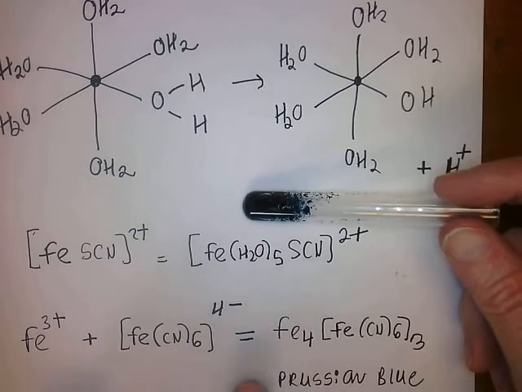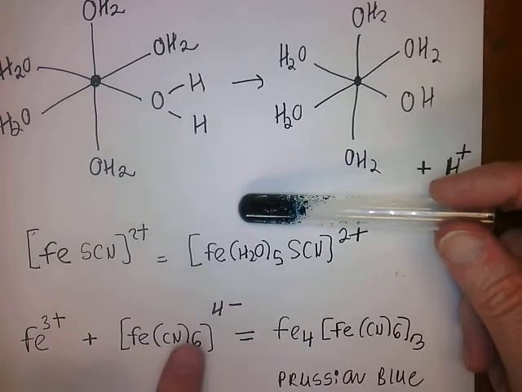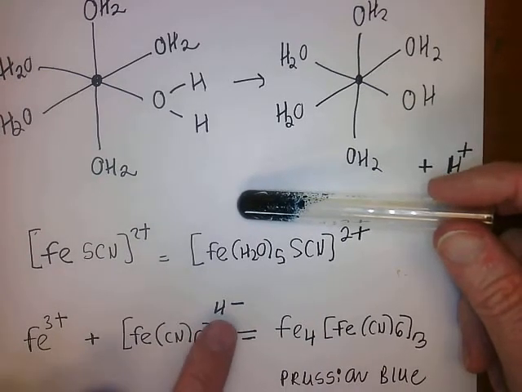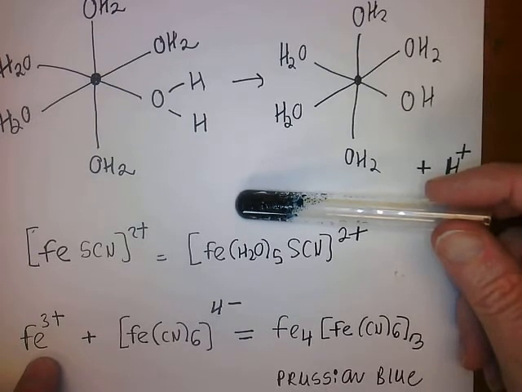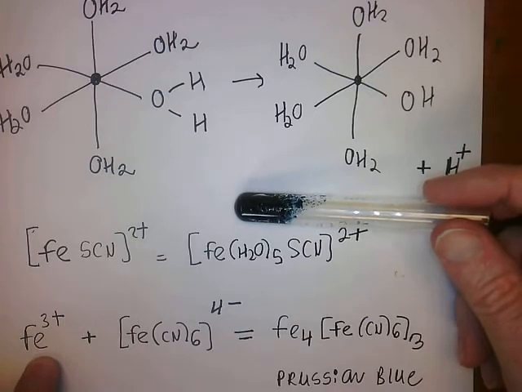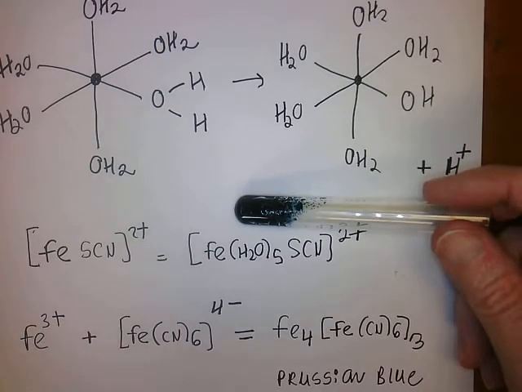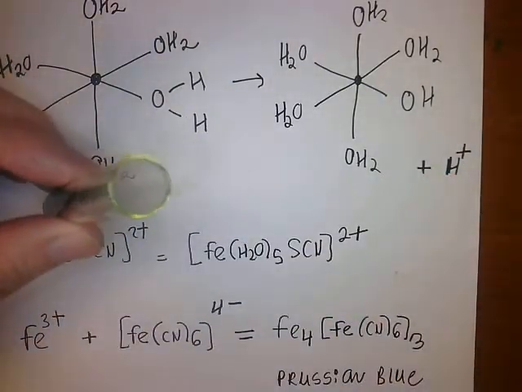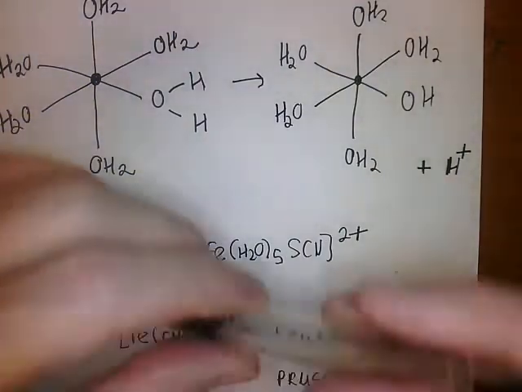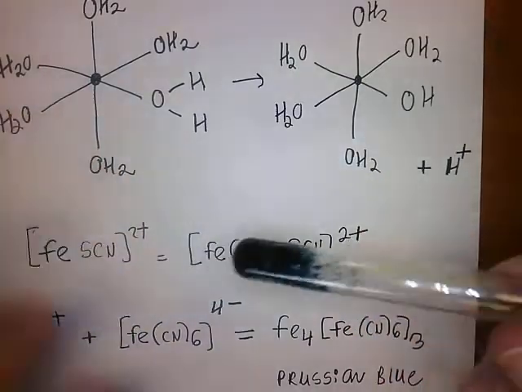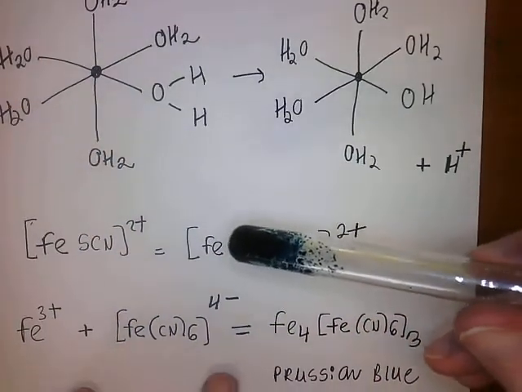So the question then becomes, how do we write a neutral compound between a -4 ion and a +3 cation? You guys have done this sort of thing before when you've written formulas for ionic compounds involving polyatomic ions. So how do we get a neutral compound here?